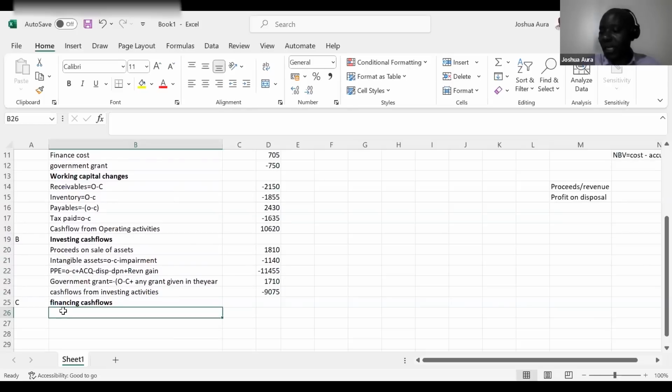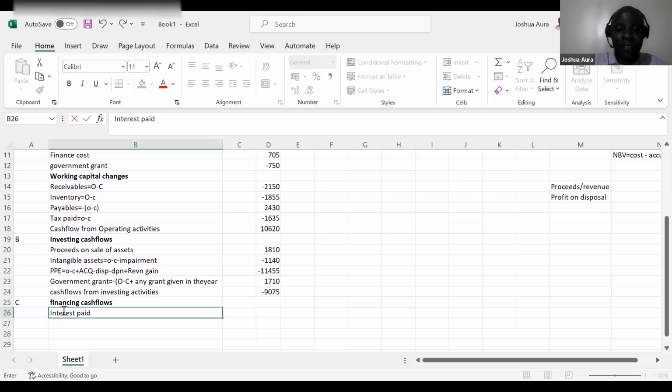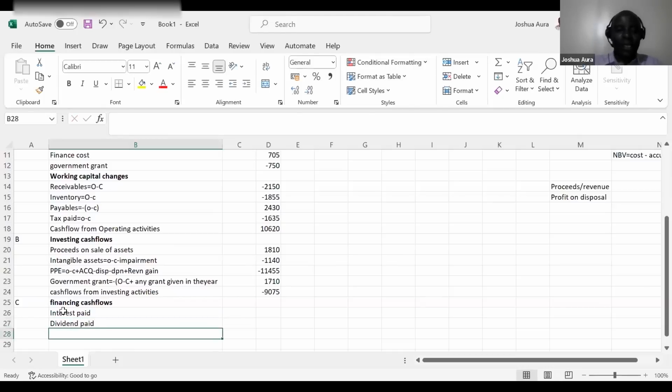I expect you to give me the interest that was paid here. We normally bring four things here. Interest paid. We have dividends paid. The old standard, we used to take the interest paid up there, dividends paid in operations there. And then of course we have any changes here.